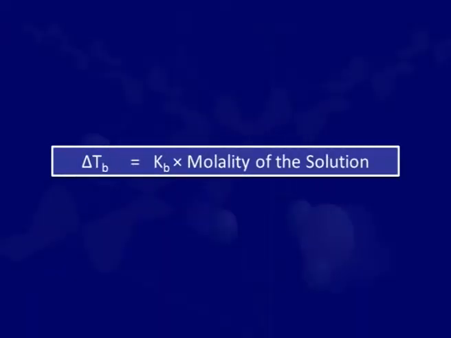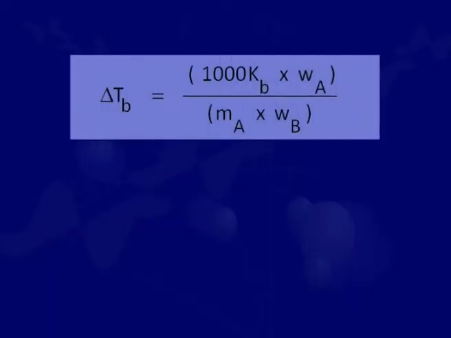Now, by using the same relationship, delta Tb is equal to Kb into molality. Molality is number of moles of solute divided by kg of solvent. From that, we get the relationship delta Tb is equal to 1000 Kb into Wa divided by Ma into Wb.